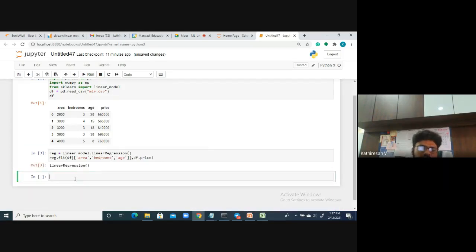Yes, now the linear model has been executed. So multilinear regression has been done. Now if you want, you can do the prediction.